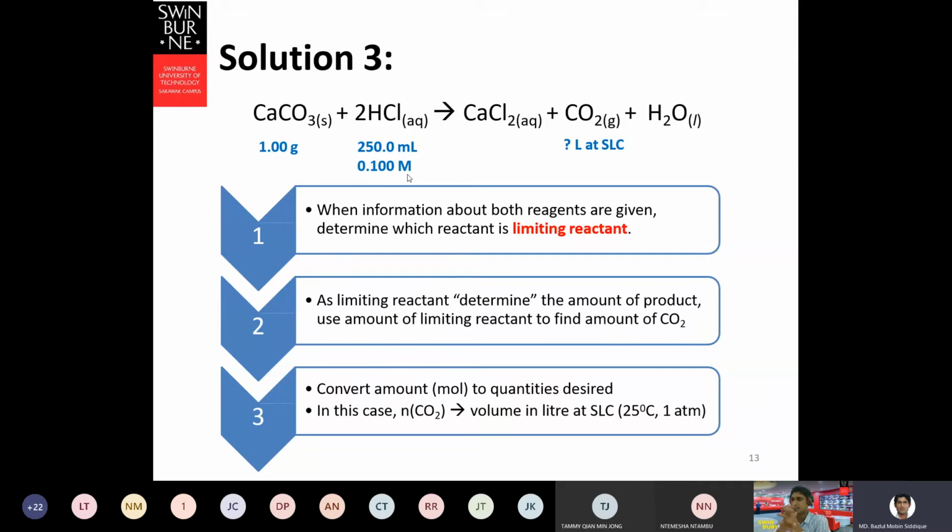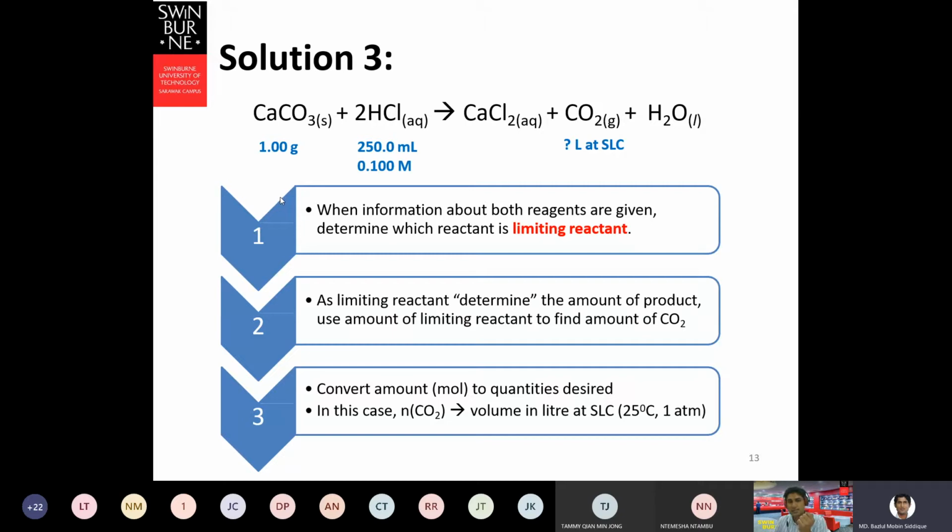Calcium carbonate is 1 gram. First I have to find how many moles. HCl is 250 milliliter of 0.1 molar. In 250 milliliter of 0.1 molar, how many moles of HCl are there?